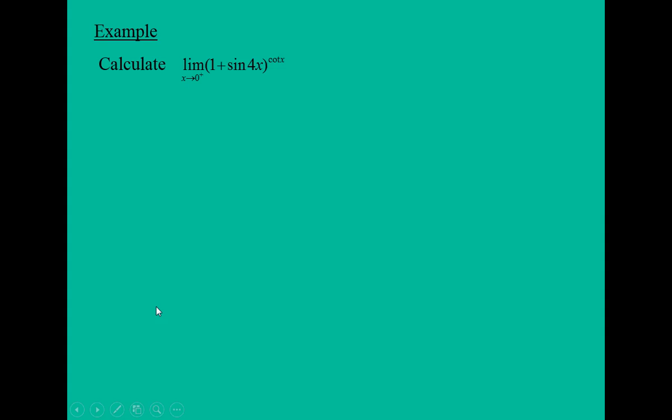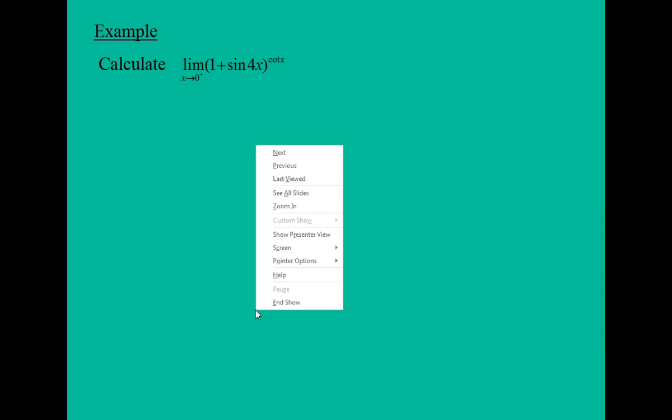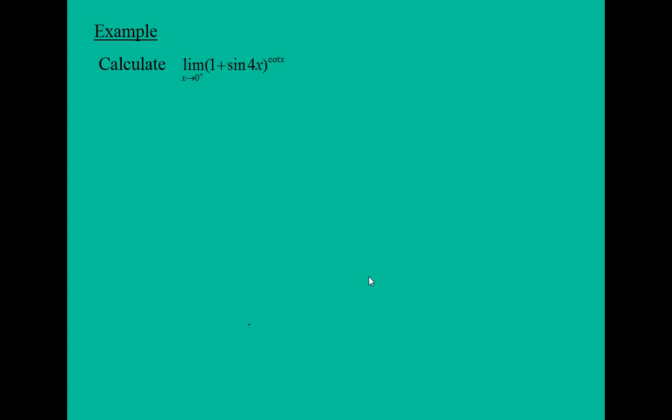If we looked at direct substitution for this one, if we directly substitute in 0, we'd have 1 plus, now sine of 0 is 0, cotangent of 0 is infinity, so we would get 1 to the infinity power.